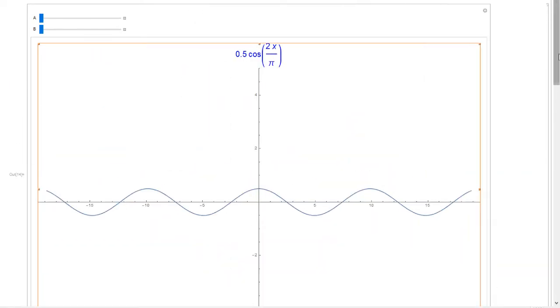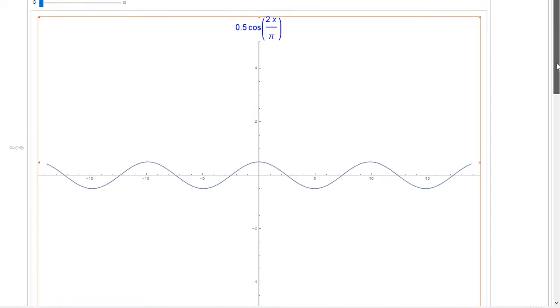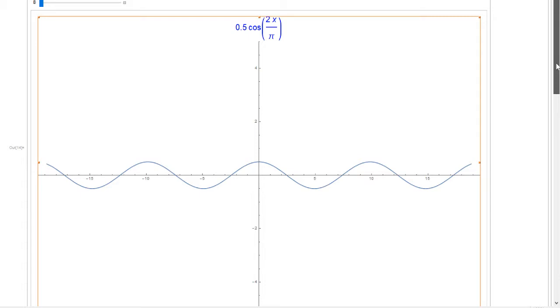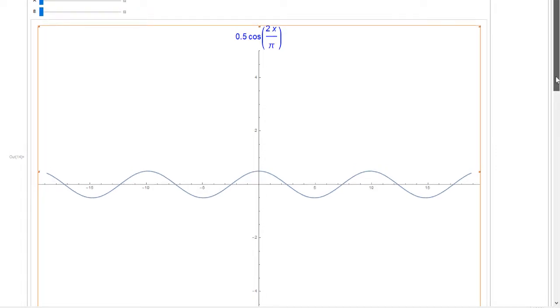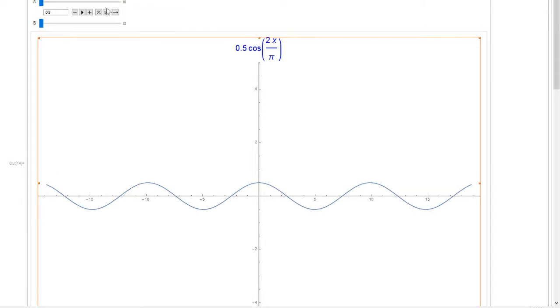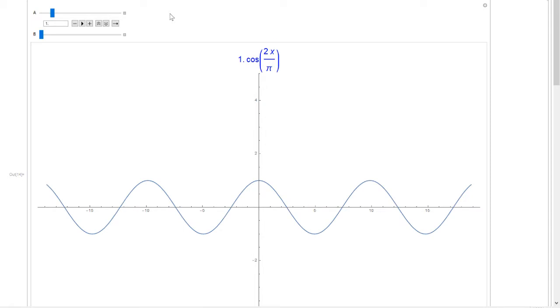Oh, okay, and kind of cool. You actually started off with this cosine function 0.5 cosine of 2x over pi, so it goes a little bit smoother that way. But you can see that it's even and all that jazz. I will actually start the a value at 1. Let you see what happens from there.